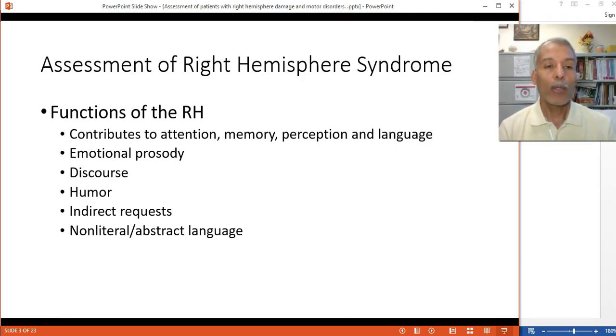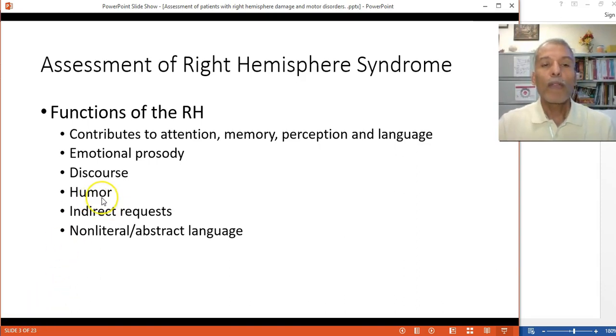So when someone with right hemisphere damage produces discourse, you can count on it that you will identify discourse problems. Their ability to comprehend discourse, their ability to construct discourse, to express themselves. And this is what you look for. So all of these areas are areas that you need to focus on when you evaluate right hemisphere damage.